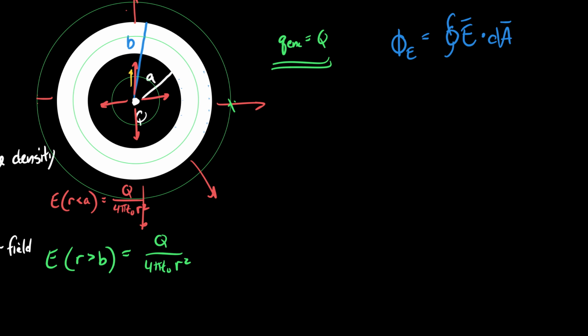But what are our rules about conductors? E has to be 0, so the flux has to be 0 inside the conductor. Period. There's no calculation here. That means the electric field, when r is greater than a and less than b, is 0.